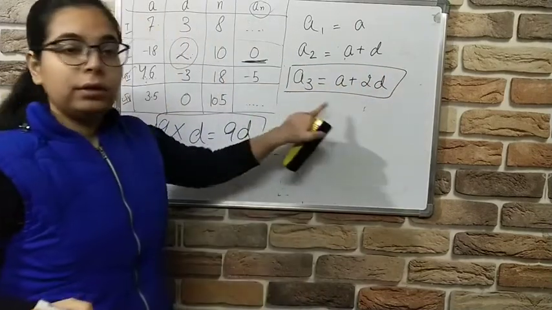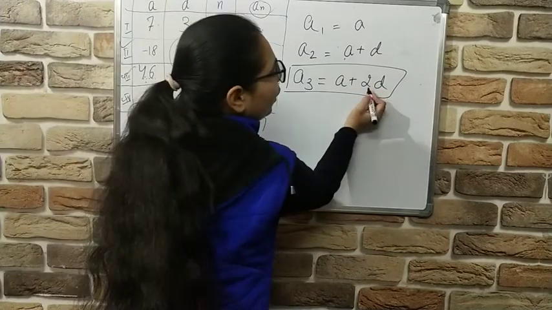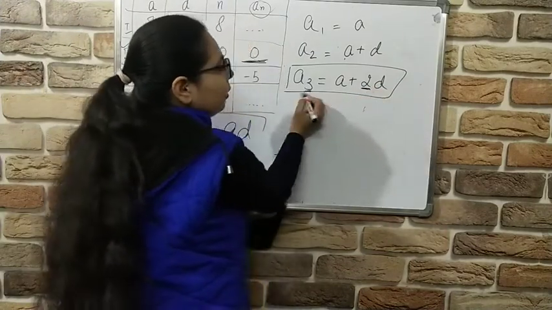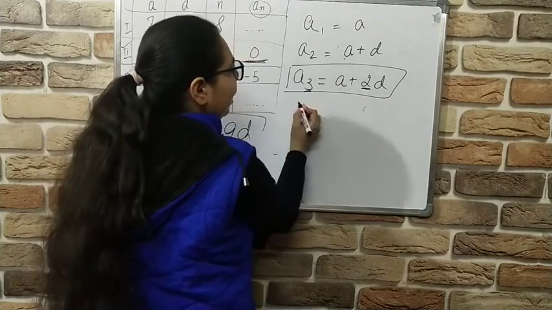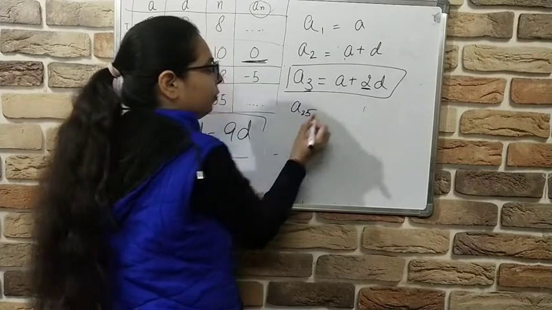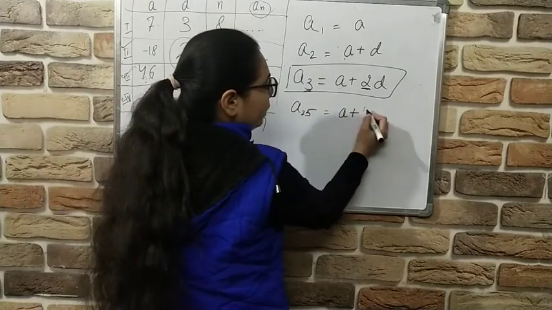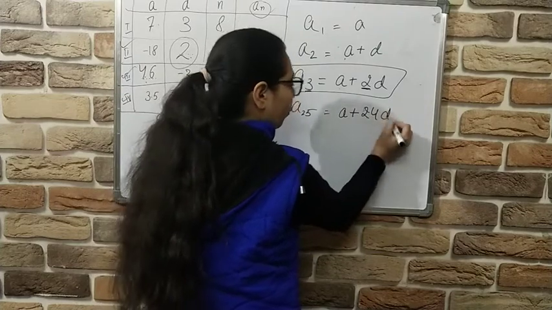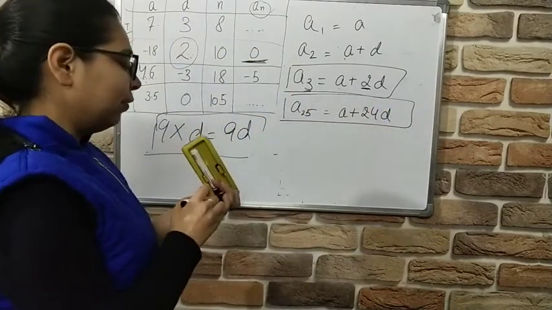Look, it is one value lesser than the number of terms. If we have to find the 25th term, how could we find that? We can find it as A plus 24D. Remember this formula, guys. With these formulas you can find any value.